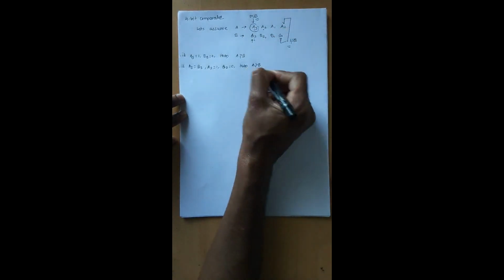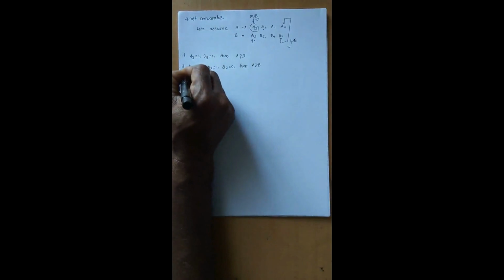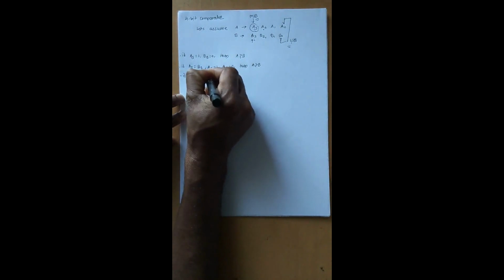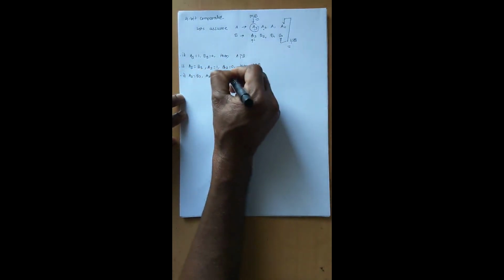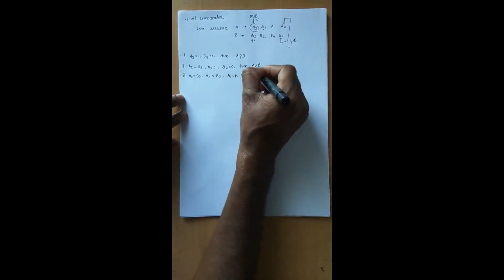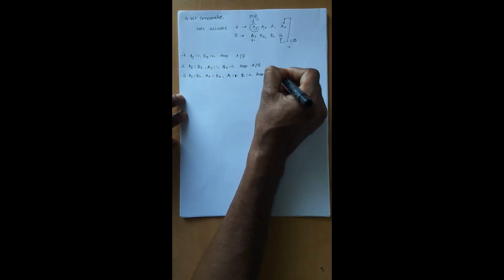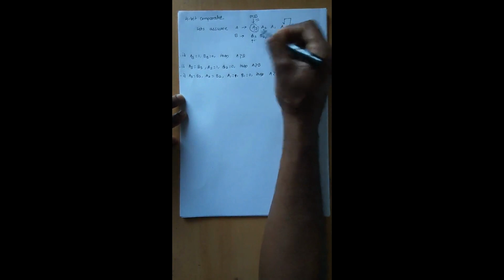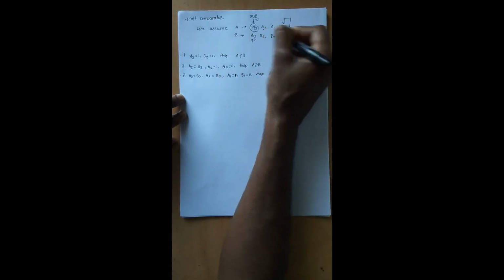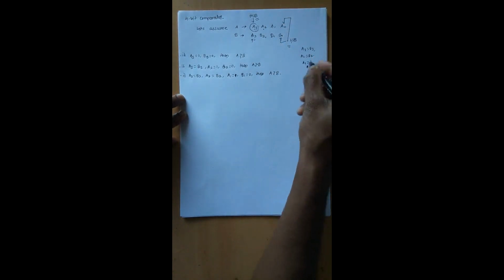If next A3 is equal to B3 as well as A2 is equal to B2, and A1 is equal to 1 and B1 is equal to 0, then A is greater than B. We assume A3 and B3 are equal, A2 and B2 are also equal, but A1 is 1 and B1 is 0, then this bit is greater than this bit. Definitely A is greater than B.